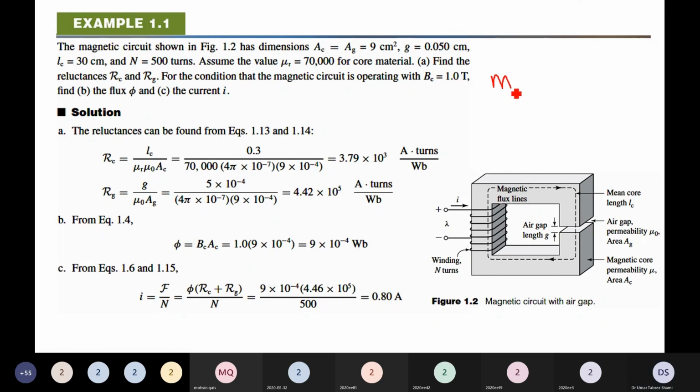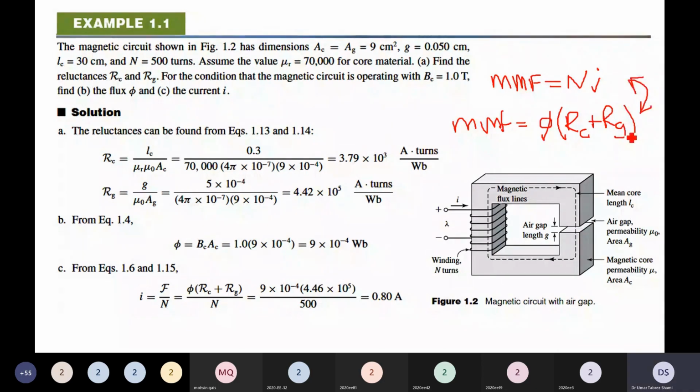The MMF is equal to N into I. And also MMF is equal to flux into the reluctance of the core plus the reluctance of the air gap. Right? So we equate these two equations. That is, N into I is equal to flux times bracket RC plus RG.